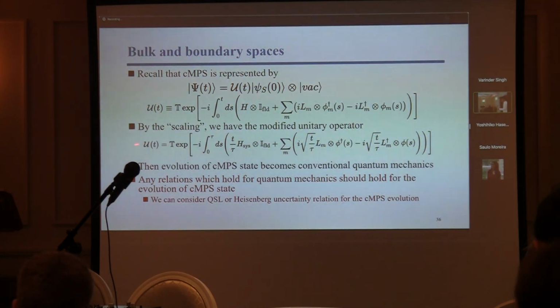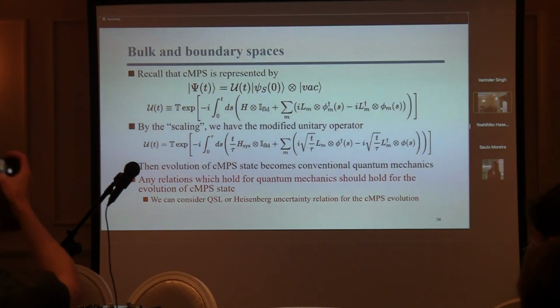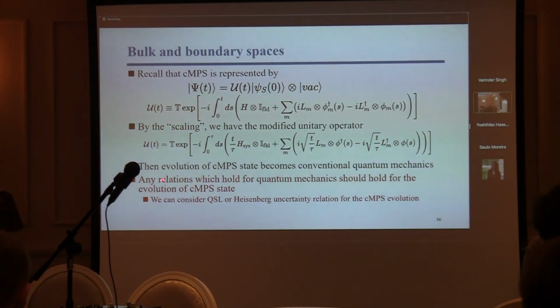Because by using this representation, we see that the time evolution of the CMPS state becomes conventional quantum mechanics. So, in principle, any relation which holds for quantum mechanics should hold for the time evolution of the CMPS state. This is the main idea of this work.